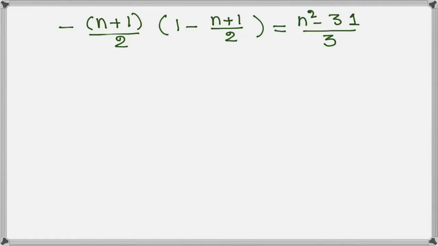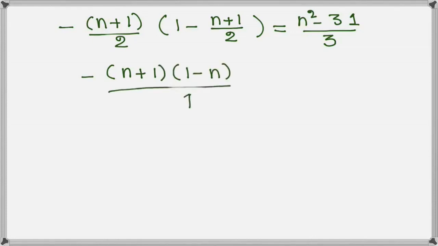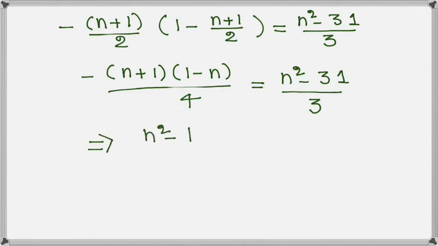After simplifying we get minus n plus 1 into 1 minus n divided by 4 is equal to n square minus 31 divided by 3, and this one is nothing but n square minus 1 divided by 4, and the right hand side is n square minus 31 divided by 3.